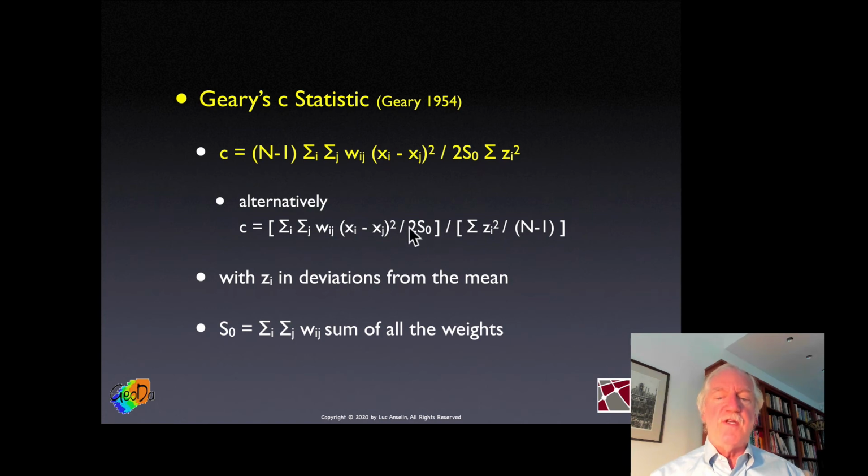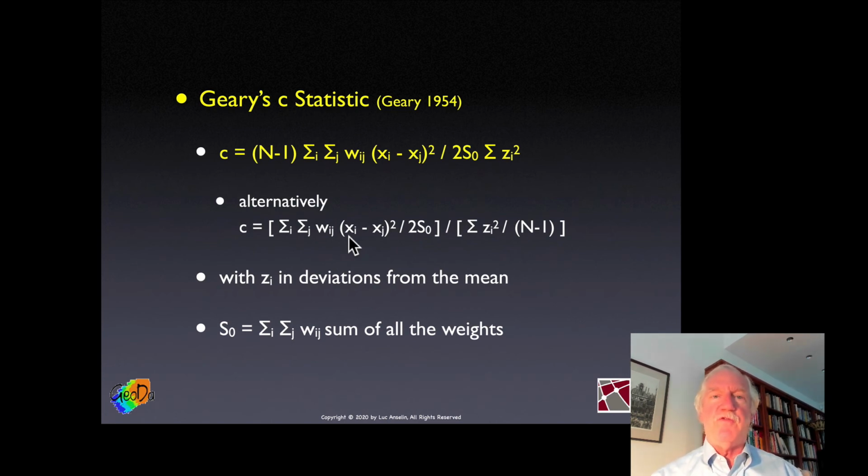Again, we have this S0, the sum of all the weights in the weights matrix, and we have here n-1 instead of n, which is an unbiased estimate of the variance. These z's are deviations from the means. These don't have to be deviations from the means. Think about this for a second.